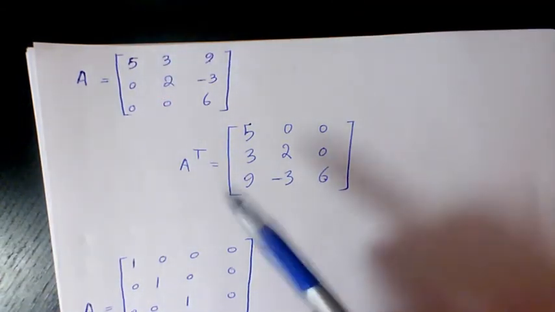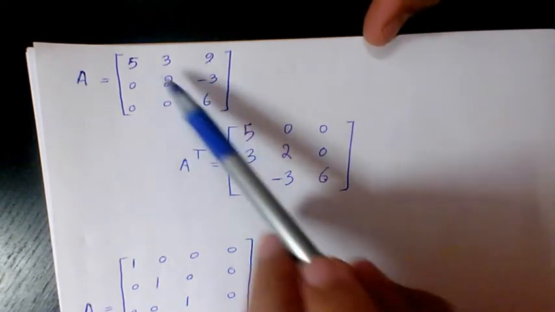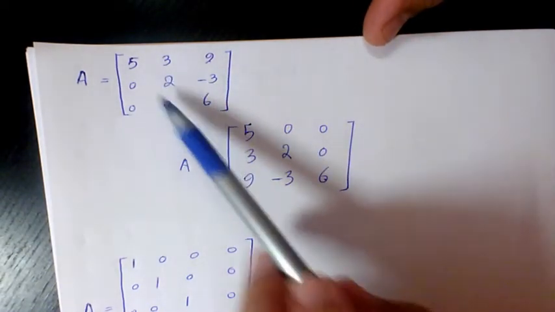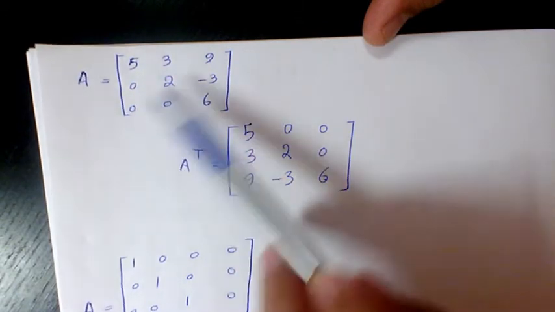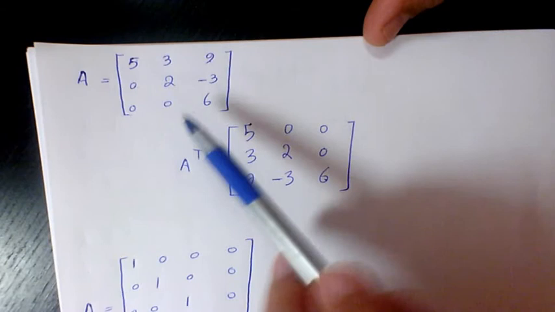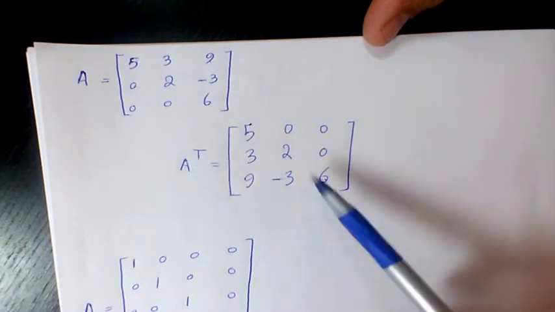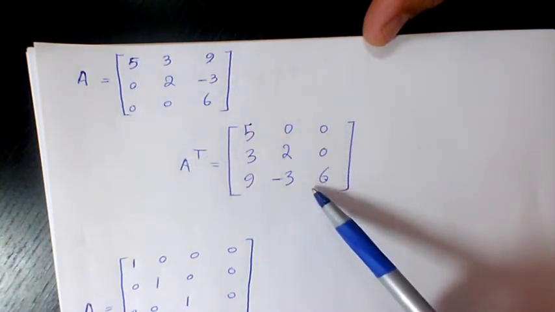Now the funny part is this matrix is an upper triangular matrix because all the elements below the diagonal are 0. So that's called upper triangular. And the transpose of it is going to be a lower triangular matrix.